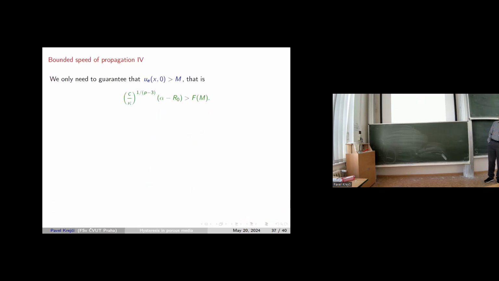And then we have to guarantee, and so the trick will be using the Hilbert inequality. But the Hilbert inequality will work only if the initial data of our problem are dominated by the initial data of the explicit solution.